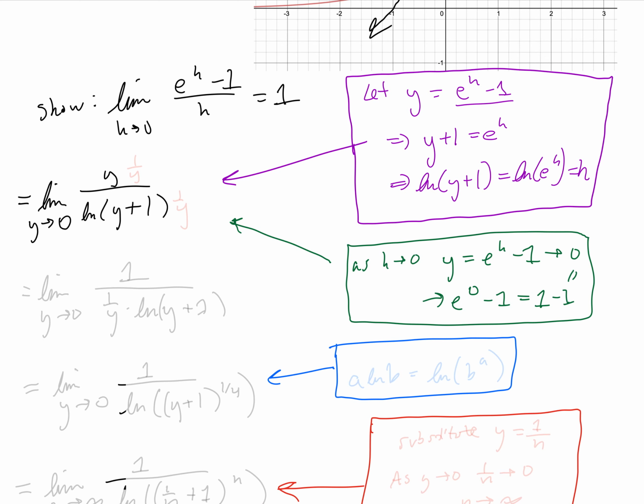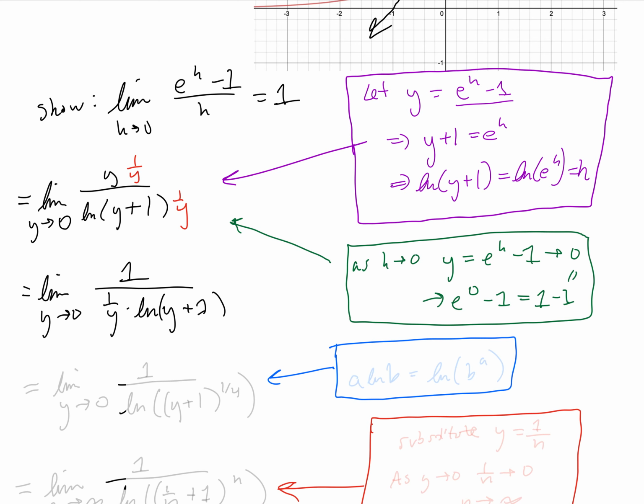Now we're going to do a trick. We're going to multiply the numerator and the denominator of that expression by 1/y. And so that gives us the limit as y goes to 0 of 1 divided by (1/y) times the natural log of y + 1. And now we're going to use a property of logarithms.